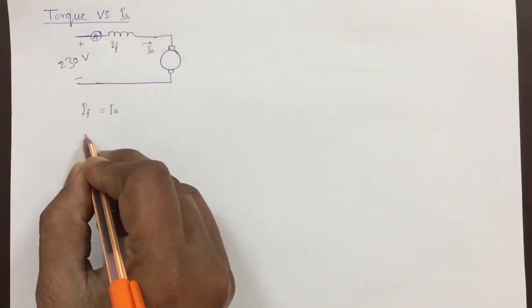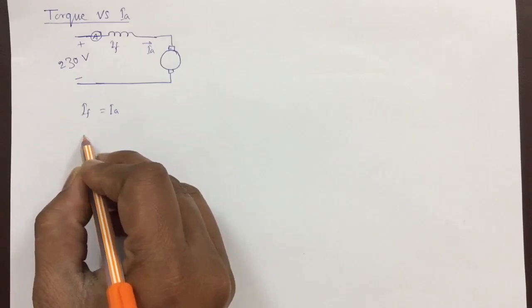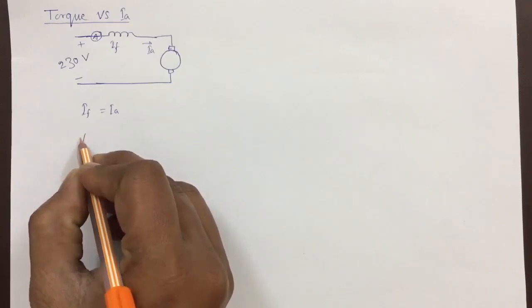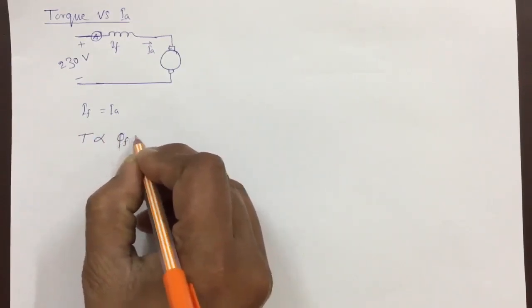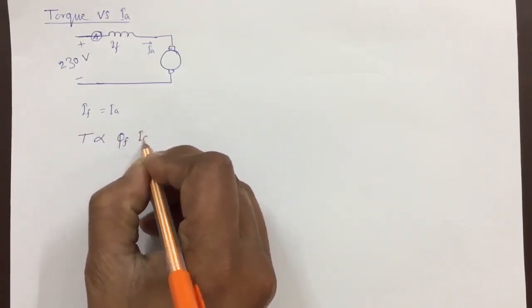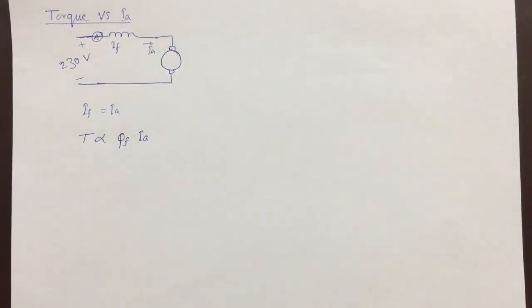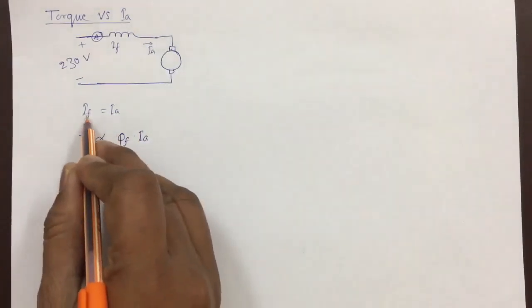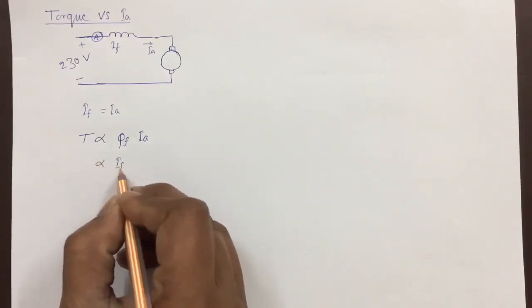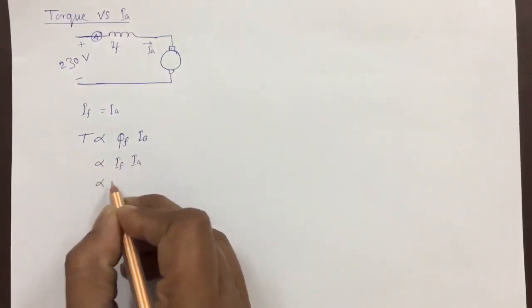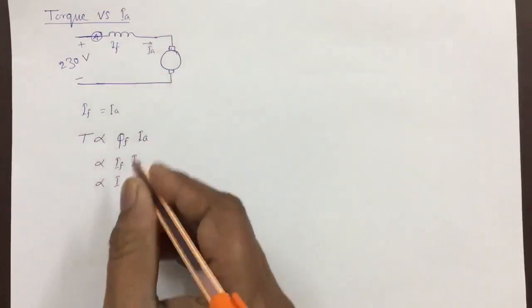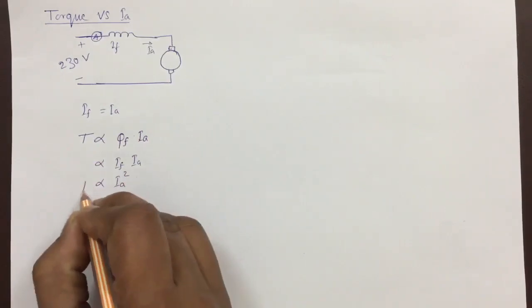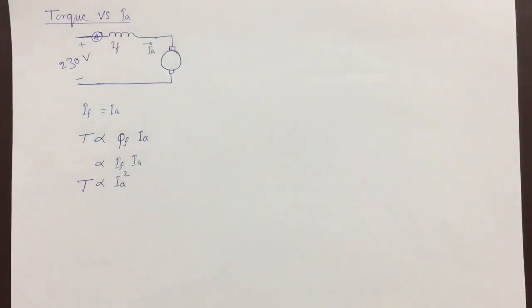We know that the torque is proportional to the field flux multiplied by IA, and field flux is proportional to the IF. So we can say torque is proportional to IF IA, and IF is nothing but IA, so torque is proportional to IA square. We will see later how we can find the torque.